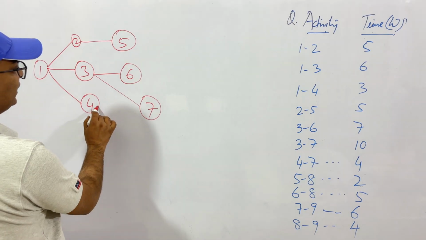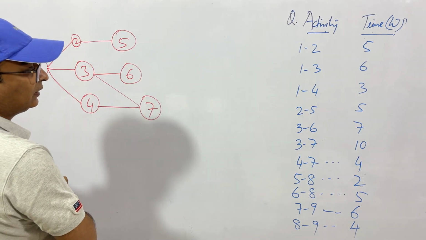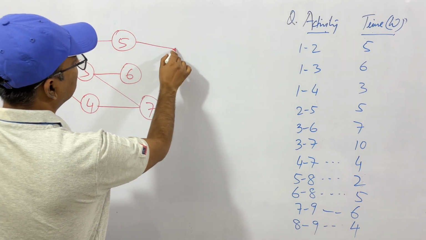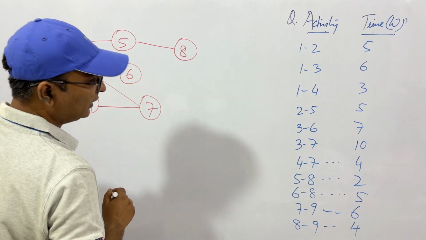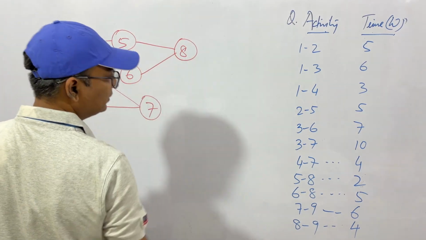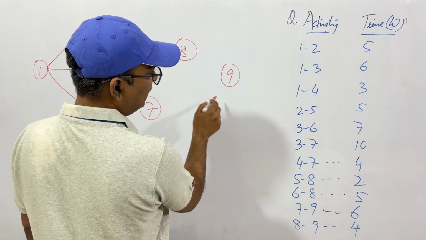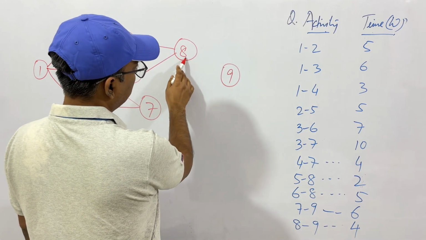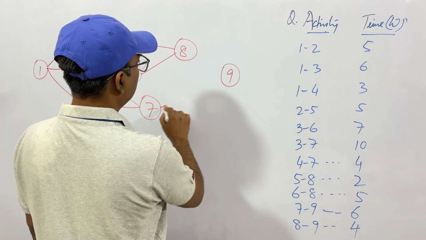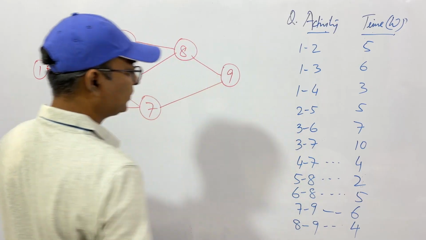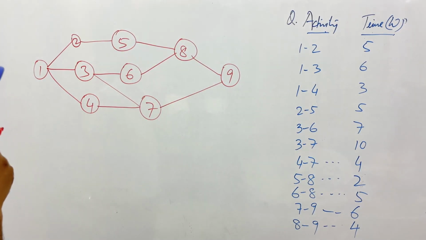Then 4 to 7. Then 5 to 8, let's say this is 8. Then 6 to 8. Then we have 9: 7 to 9 and 8 to 9. This is the relation, so this is what we require.